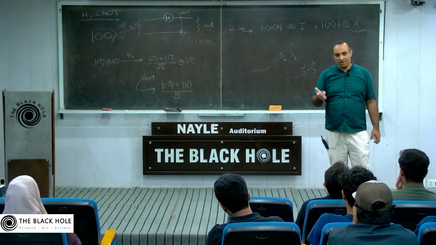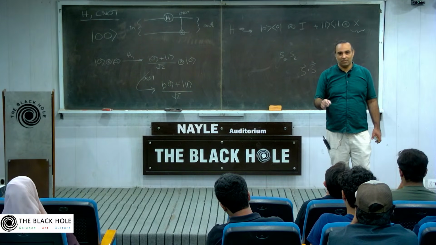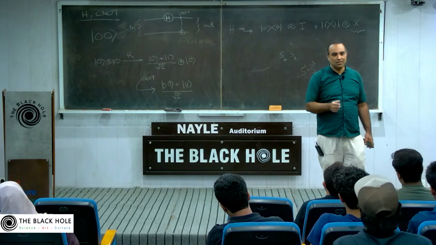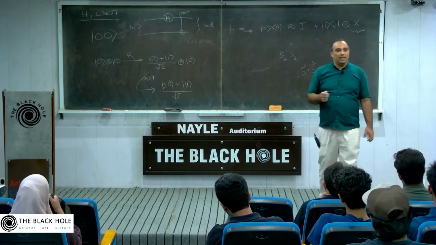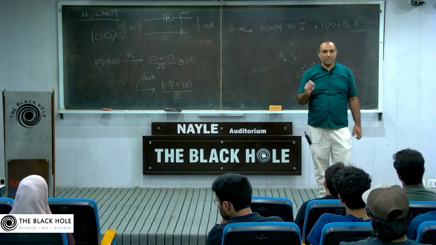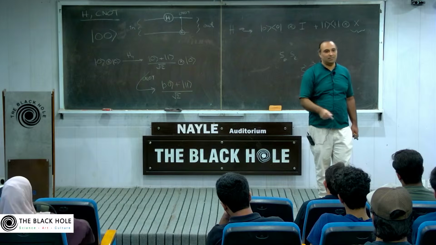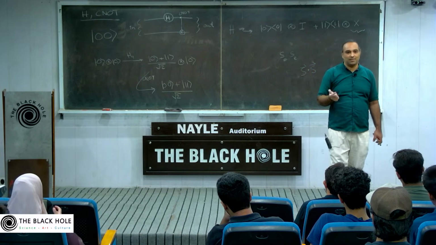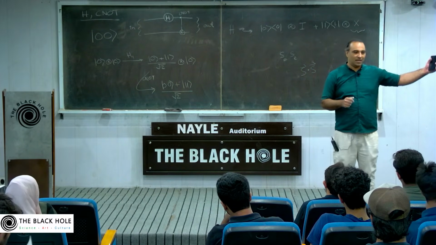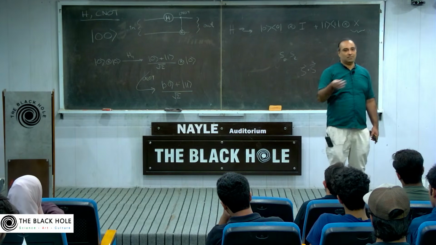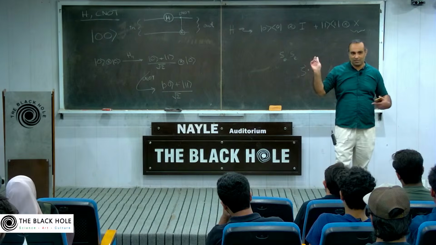You create a pair of entangled photons using some nonlinear optical elements, and then you send one of your photons to the other party via some cable, a fiber optic cable or something, and after that you can transfer your state via this protocol.